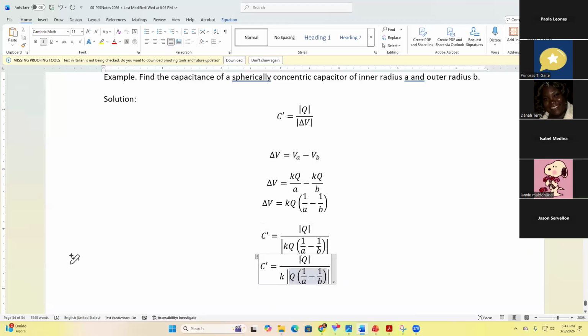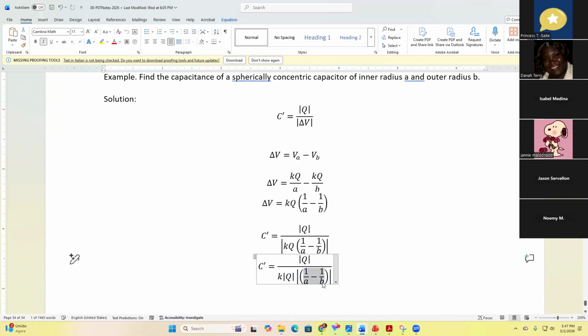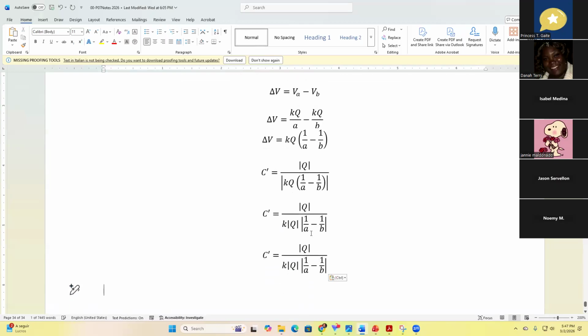We can keep the magnitude of Q outside as well, and we can keep the magnitude of this term as well. Magnitude of Q cancels out with magnitude of Q, right? You're always going to have something like that. And here you go. Cancel, cancel.